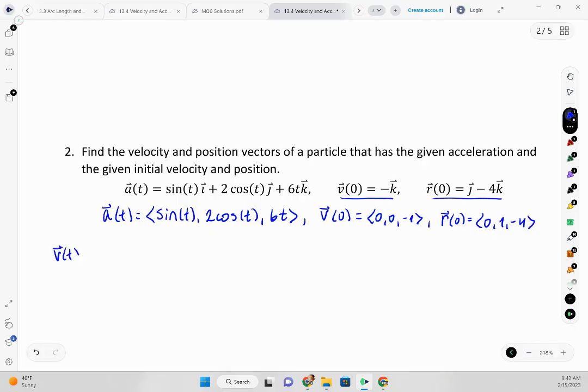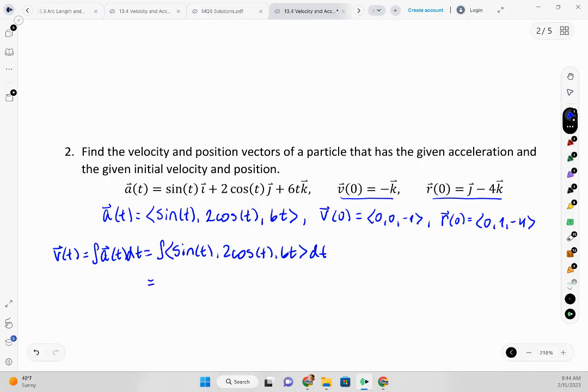Velocity is going to equal the integral of the acceleration vector. So we're looking at the integral of this vector, sine of t, 2 cosine of t, 6t, dt. When I integrate this, remember that the integral affects all three components inside.